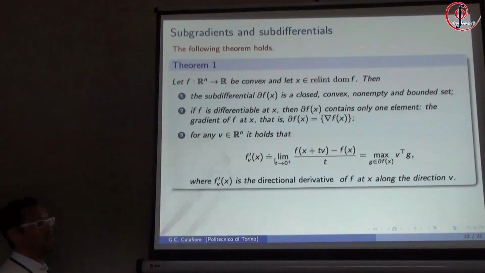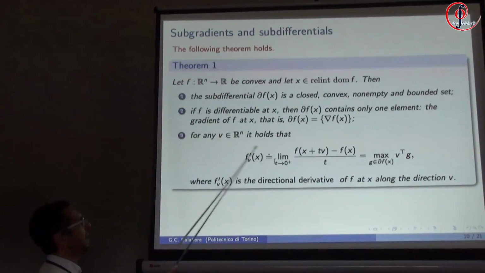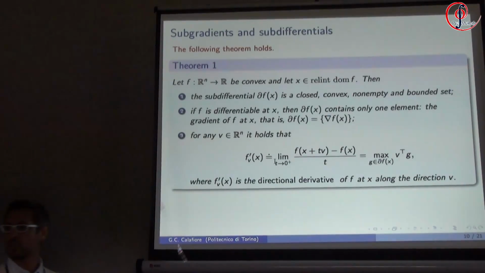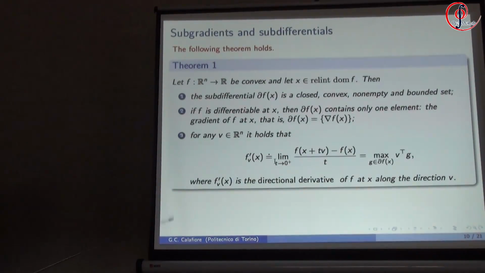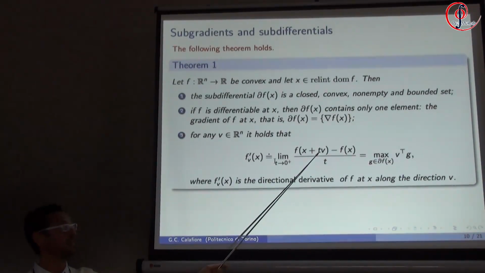And moreover, for any direction v, we can always find the so-called directional derivative of f at x along direction v. So this means that f is a function of a vector, but if we fix a direction, we can consider the restriction of function f along direction v, and this is a function of a scalar variable t.